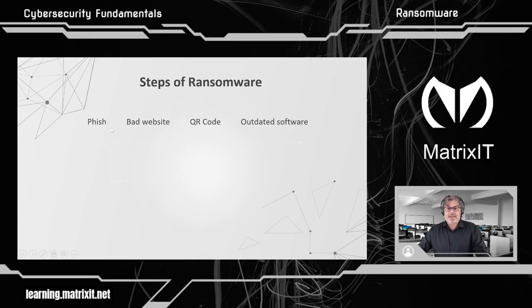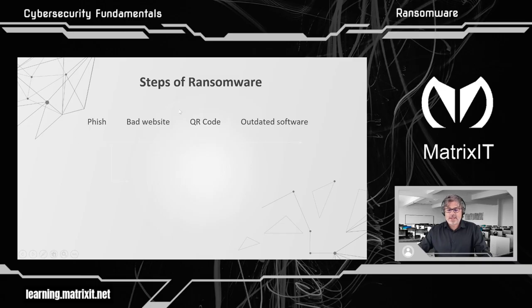You go to a bad website, and it could possibly download a ransomware to your computer, or even scanning a QR code and going somewhere on the internet, or even outdated software. That WannaCry was because of a hole in the operating system, and it's been plugged now, so that ransomware can't infect as easily as it could before.